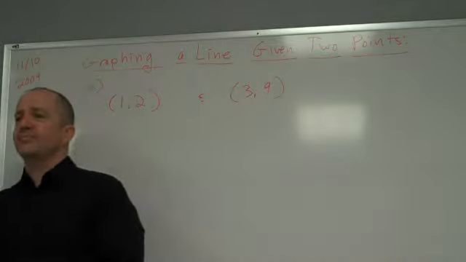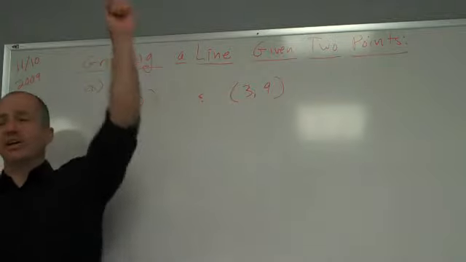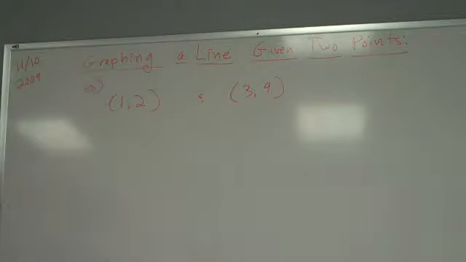I want to get the equation in slope-intercept form of the line which passes through these 2 points.